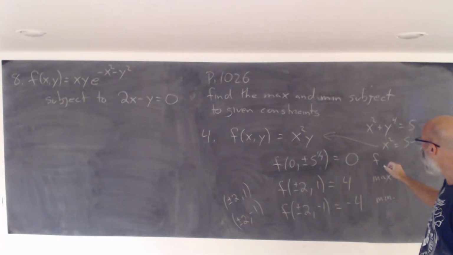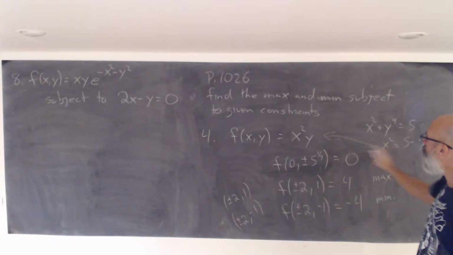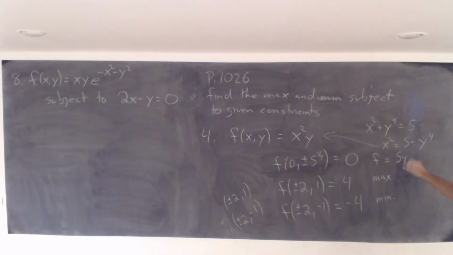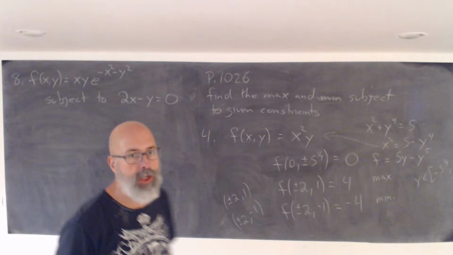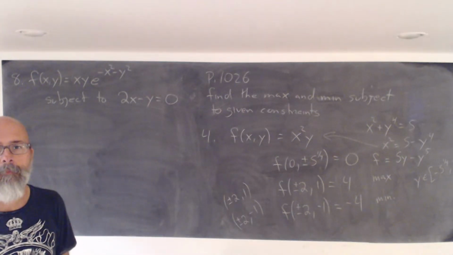So your function would then become 5y minus y to the 5, where y is between negative 5 to the 1/4 and 5 to the 1/4. And you're maximizing and minimizing this function on that interval. It's a nice exercise to do it and convince yourself that you get the same answer.